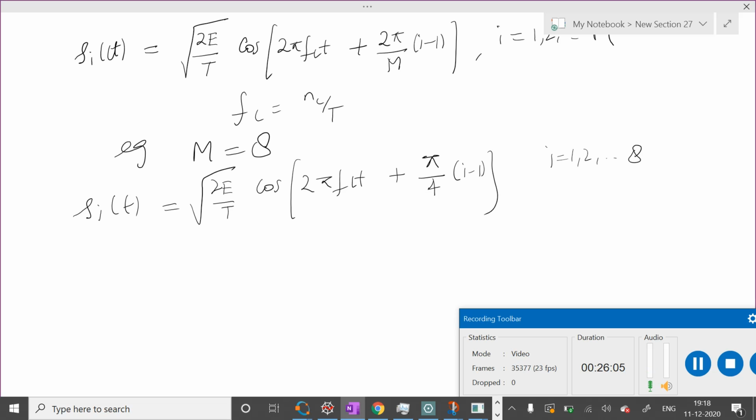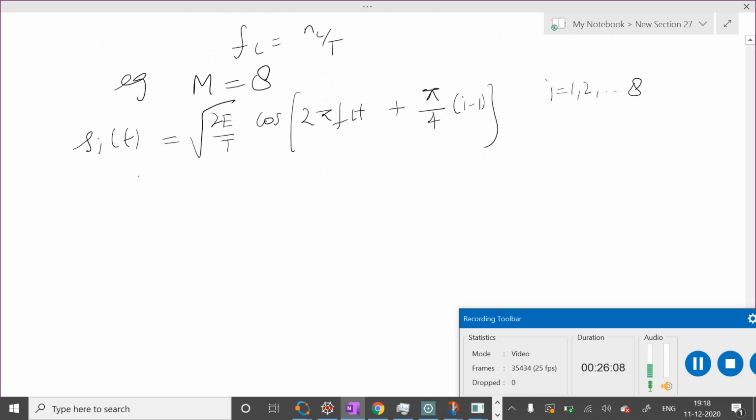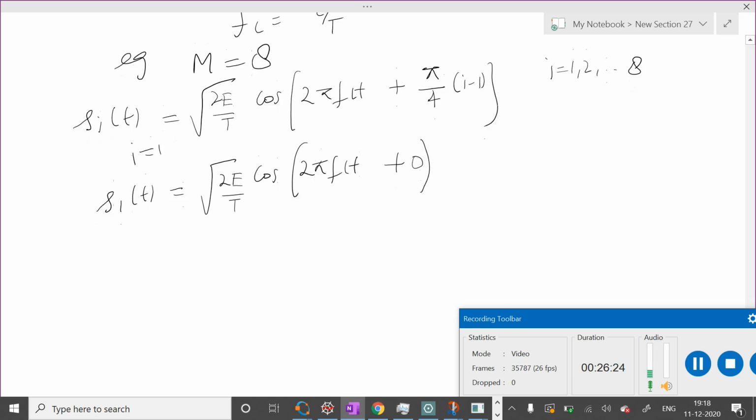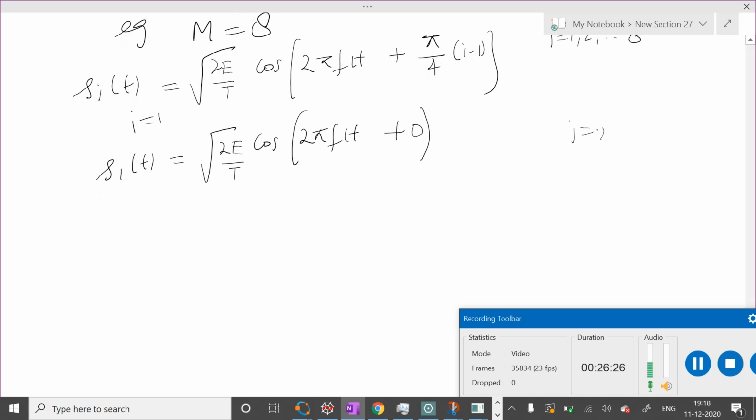Now you can see that if you give i equal to 1, S1 of t will be square root of 2E by T cos of 2 pi fct plus, and the phase is 0, right?